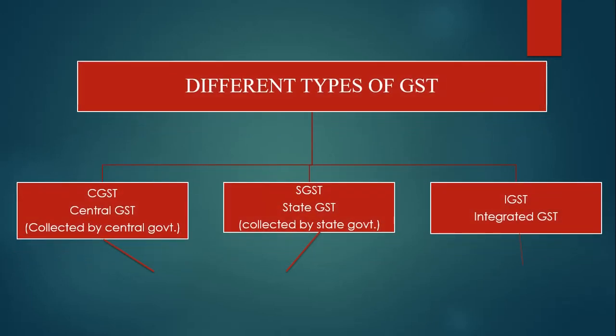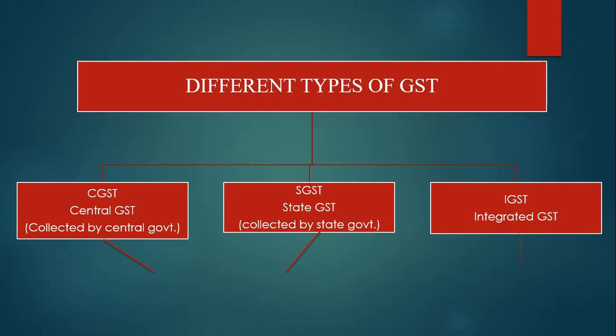Now, different types of GST. GST is divided into three types: CGST, SGST and IGST. CGST stands for Central Goods and Service Tax. SGST stands for State Goods and Service Tax.